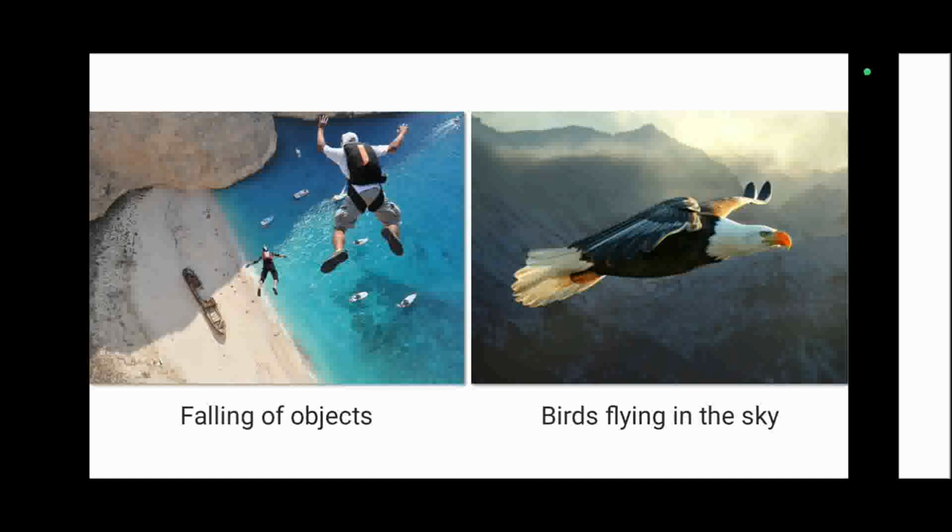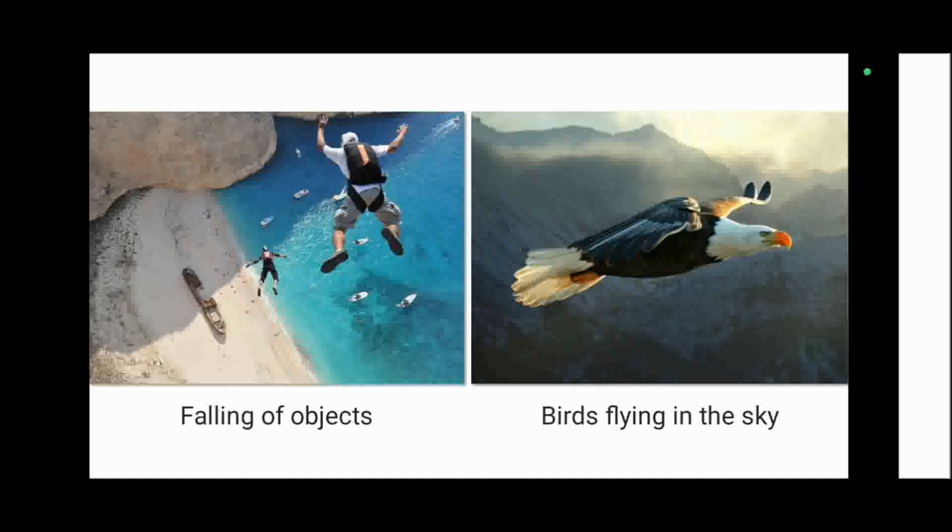And then falling of objects. The falling of objects can be explained by some rules. They follow the rule of gravity. The earth's mass creates a gravitational field which attracts objects with mass towards its center.